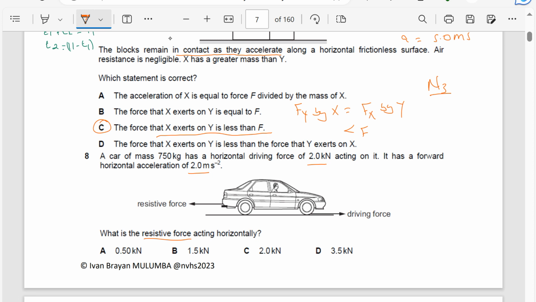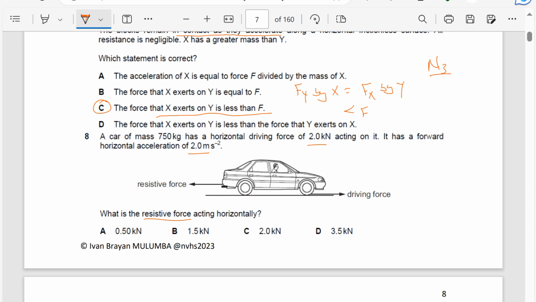First of all, we shall find the resultant force, which is given by Newton's second law. The resultant force MA should be equal to the difference in the two forces. The driving force is 2000 minus the friction force or the opposing force, which I'm going to call FR.